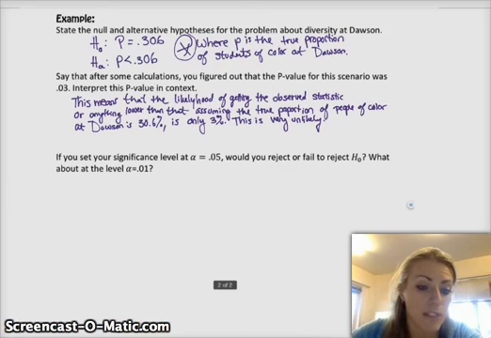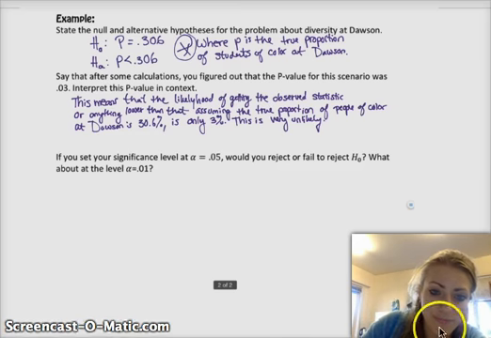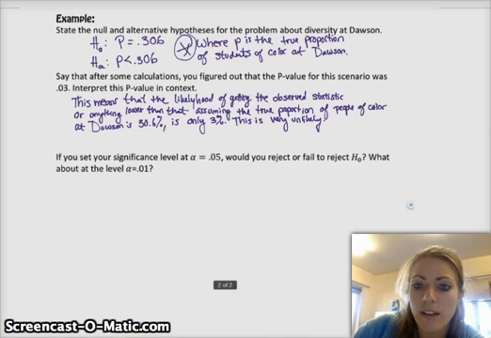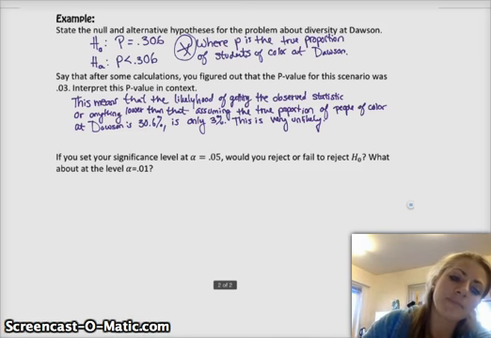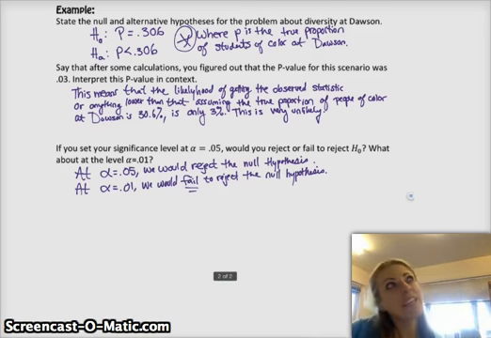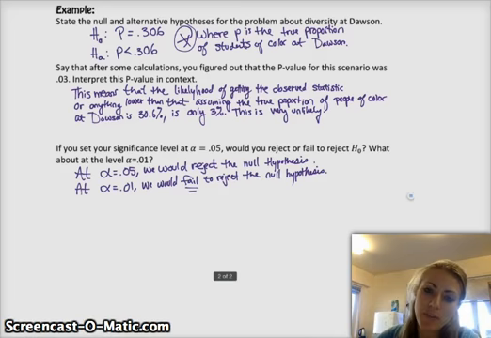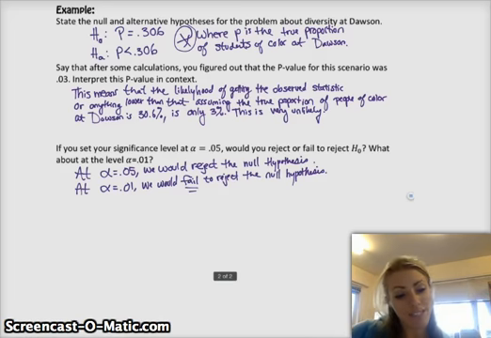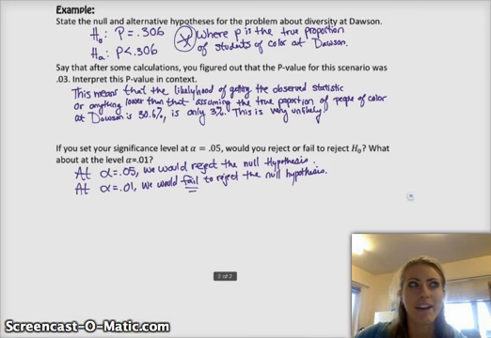If our alpha level is 1%, since 3 is greater than that, then we would fail to reject the null hypothesis. Remember, fail to reject, not accept. Never use the word accept. It's like in a jury, if somebody's proven not guilty, they're not proven innocent, they're just proven to not have enough information to prove that they're guilty.